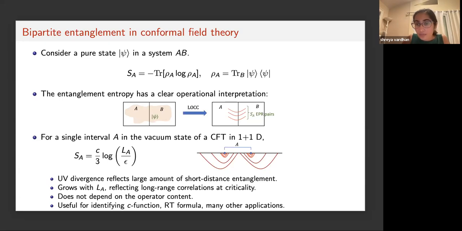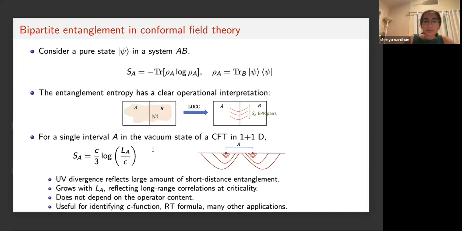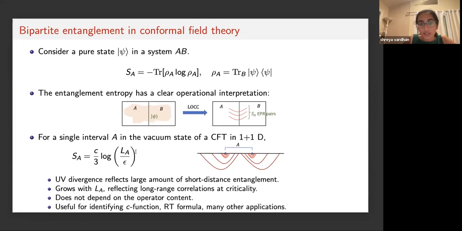Another thing that is useful about it is that it takes a very simple and universal form in a lot of physically interesting situations. One such setup is if you consider a single interval in the vacuum state of a conformal field theory in 1+1 dimensions, then the entanglement entropy is always given by this simple formula, where C is the central charge of the CFT, LA is the length of the interval, and epsilon is the UV cutoff on the theory.